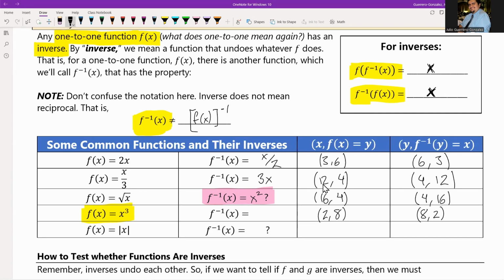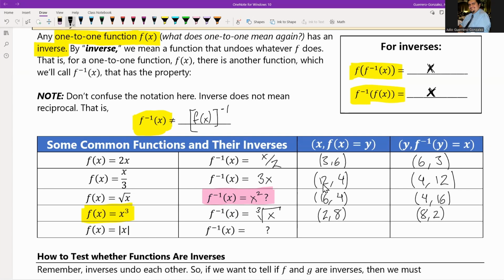And lo and behold, this one does have an inverse. The cube root function, okay? So it basically undoes the cube that f of x does, right?